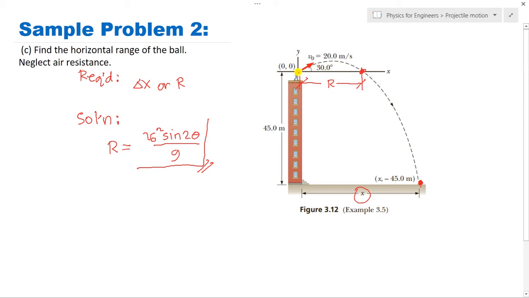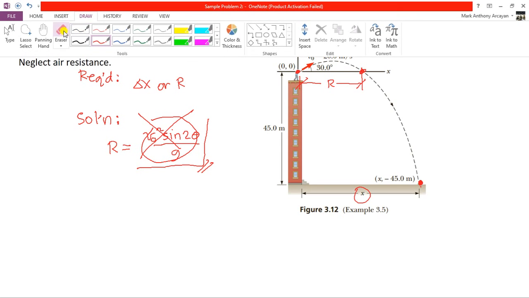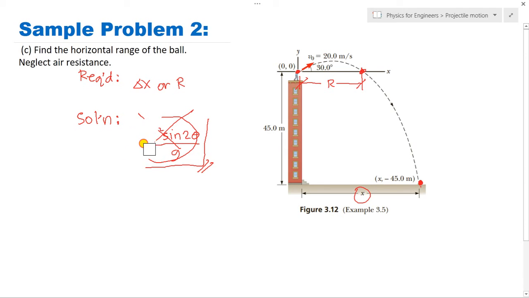Therefore, we cannot use this formula in order to find the horizontal range of the ball. So we use the other formulas. So ano yun na formula na yun?